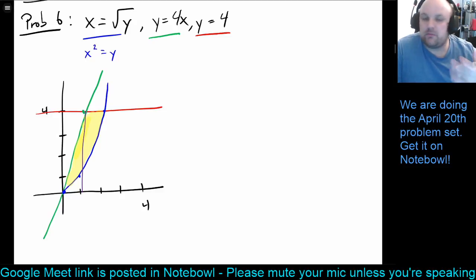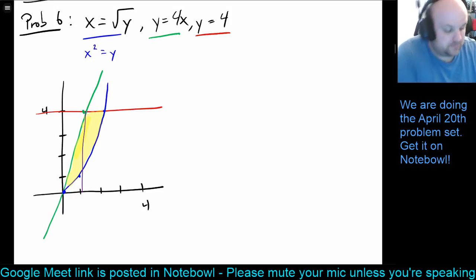So we could very well do this as an integral with respect to x, but we'd have to split it into two pieces. On the other hand, if we look at this in the y direction, where we do right minus left, the right side is always the blue. The left side is always the green.